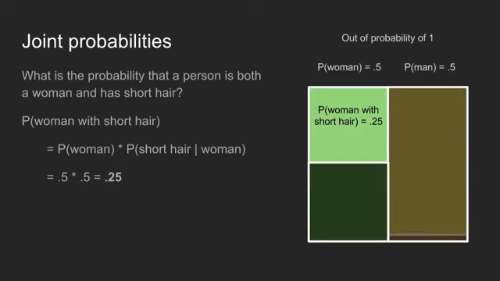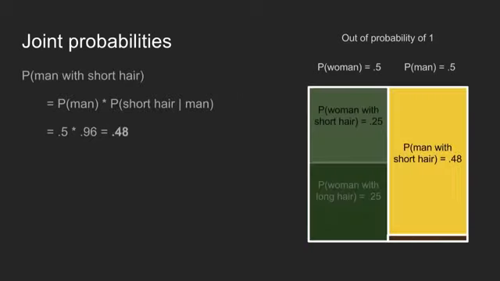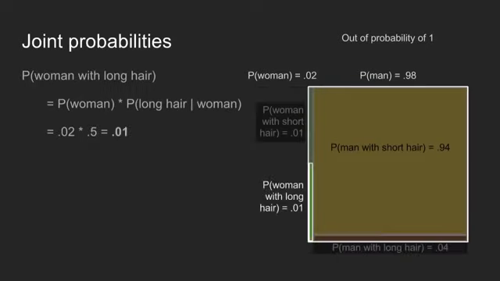So in this case, 0.5 times 0.5, we get a 0.25, which is exactly what we knew it was going to be. And the same is true for all of our different conditions. So we can do this for the men's restroom too. The probability that someone is a man and has long hair, 4%. Someone is a woman and has long hair, 1%.